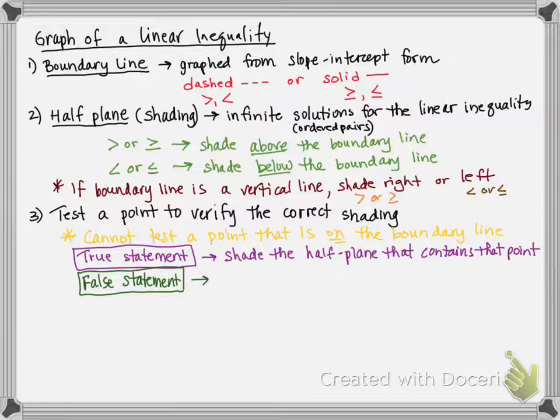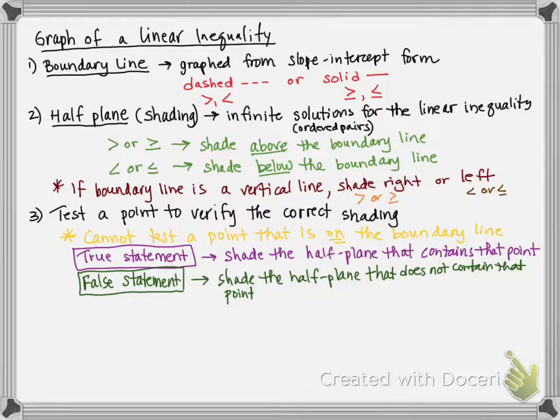then that means you're going to shade the half plane that does not contain that point. So, kind of how I look at this is, since it's so easy to calculate with 0, 0, as long as it's not on the boundary line, that's the point that I tend to choose.